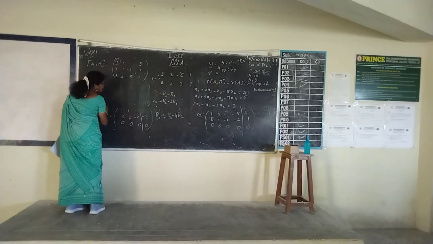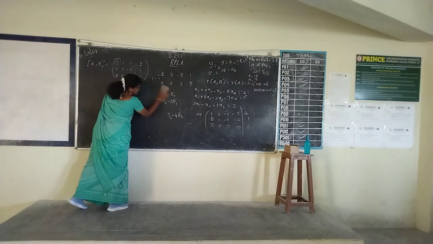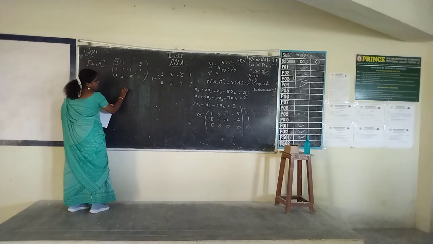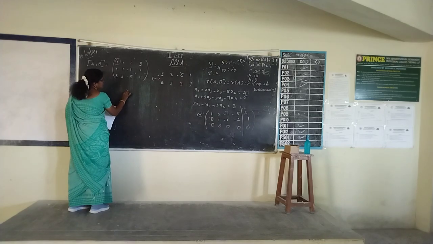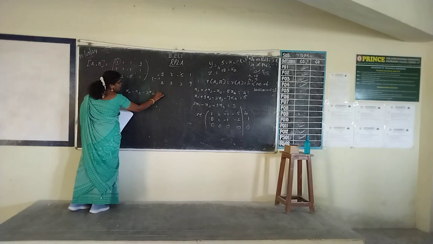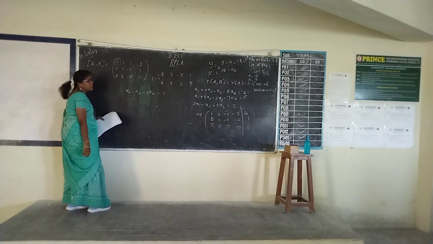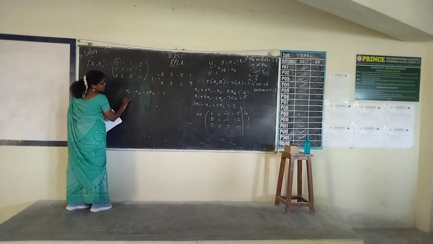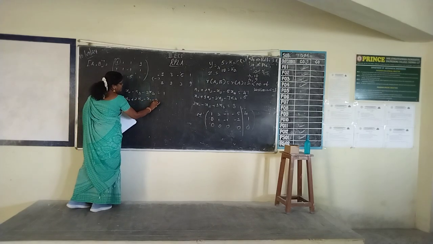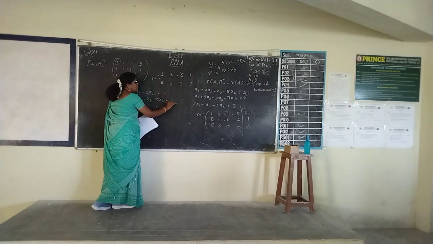So what equation will you get by back substitution? x2 minus x3 minus 2x4 equal to 1. What is the one more equation? x1 plus 2x2 minus x3 minus 5x4 equal to 4.